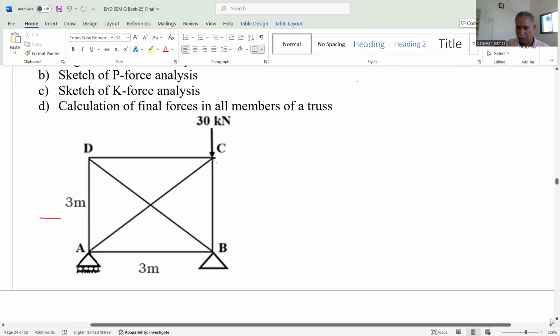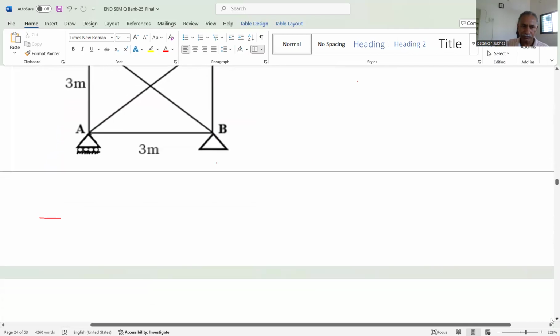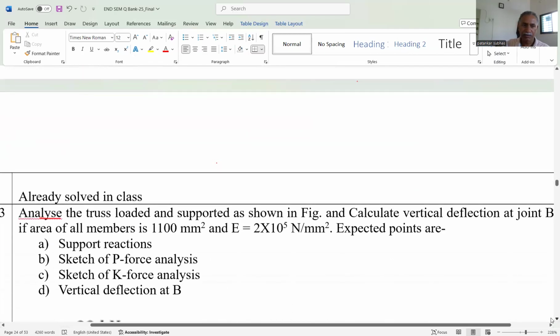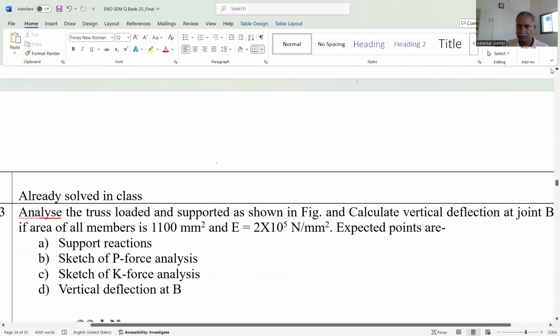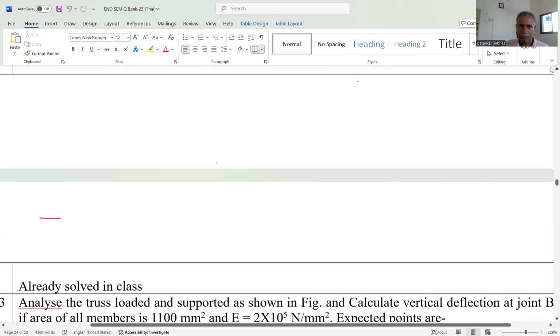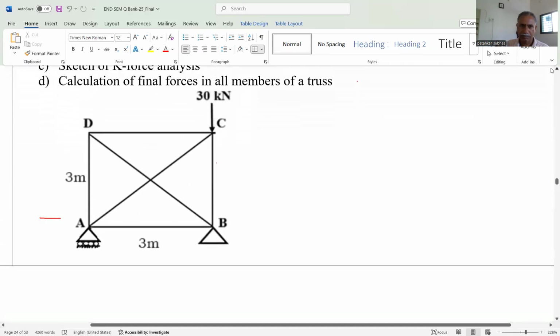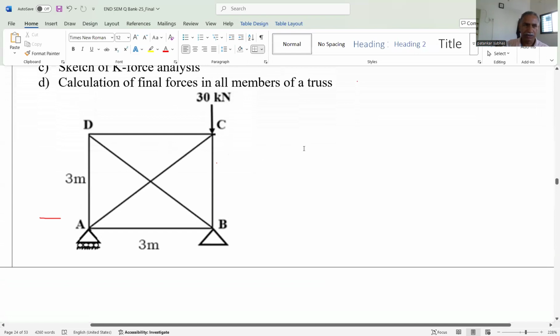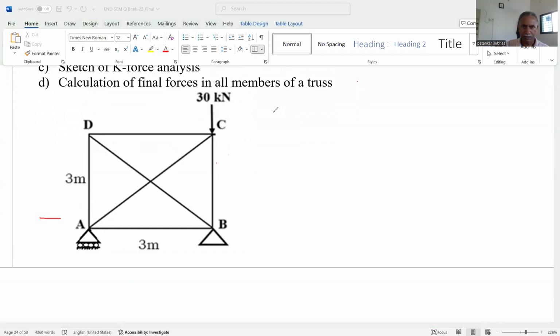So in this problem, first is the calculation of degree of static redundancy, that is DSI.